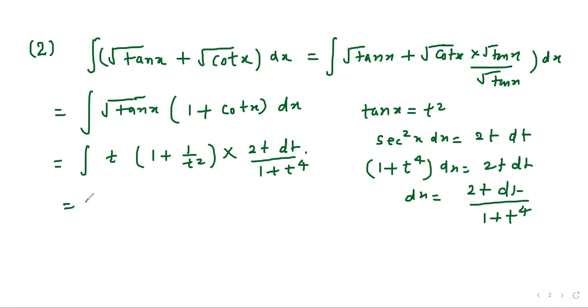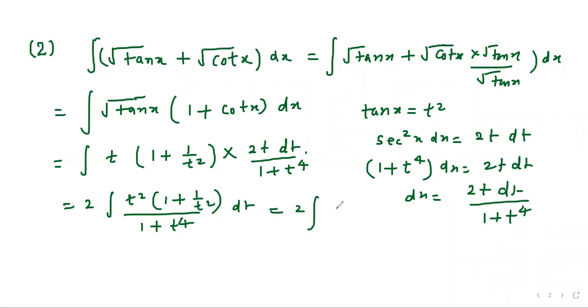So 2 can be taken common, and then this will be t square times 1 plus 1 upon t square whole divided by 1 plus t power 4 dt. If we take this t square inside, we will get twice of t square plus 1 divided by 1 plus t power 4 dt.